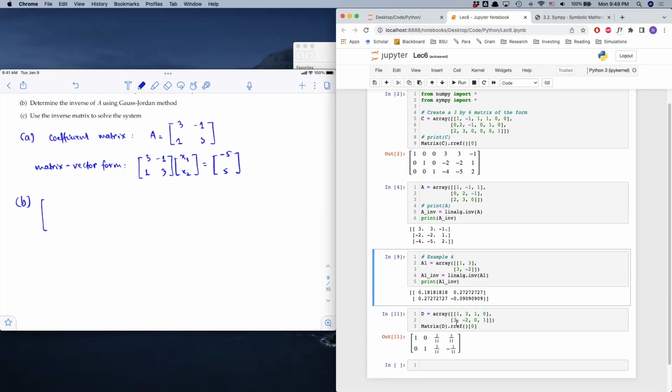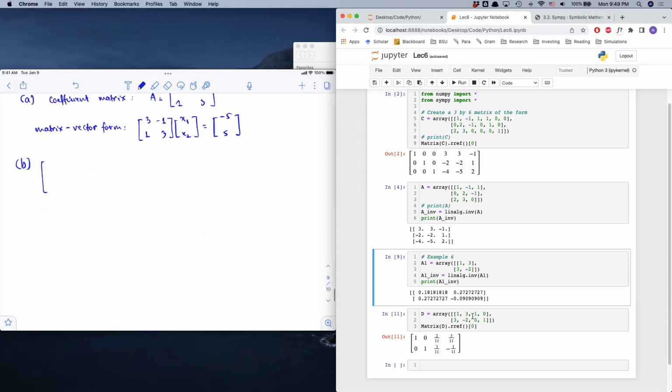Or you can solve the augmented matrix using the reduce row echelon form command, and it gives you the value of the inverse in symbolic form. All right, so I'm going to form the augmented matrix. It's going to be 3, -1, 1, 3, 1, 0, 0, 1. And I'm going to do that using Python.